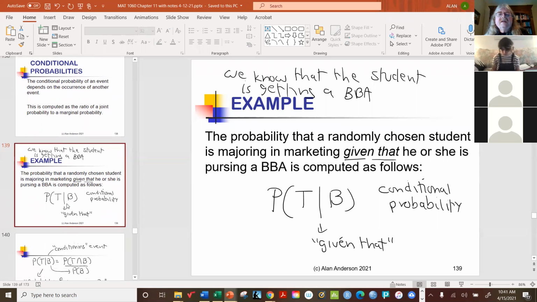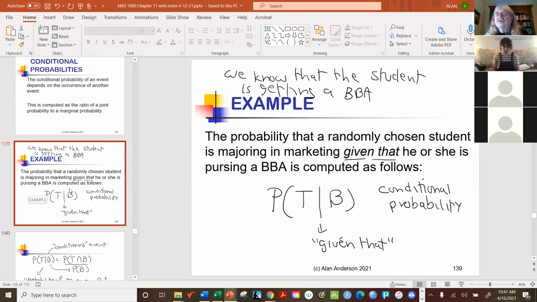And so what we need to do is introduce the formula that we'll use from now on to calculate these conditional probabilities. It's always the same. We need two pieces of information.